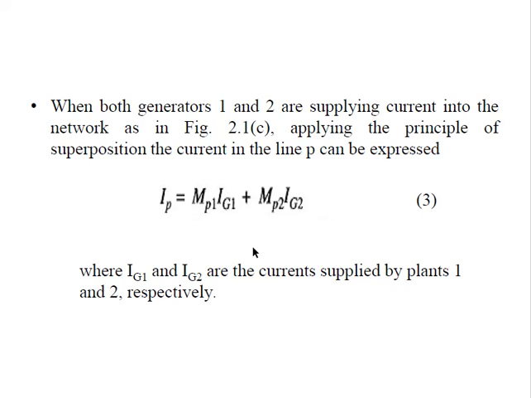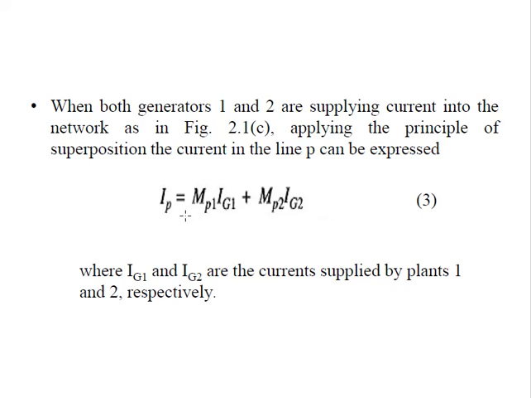When both generators, 1 and 2, are supplying current into the network, from figure 2.1c we apply the superposition theorem. The superposition theorem considers the effect of plant 1 alone, then the effect of plant 2, and we sum both responses to get the final value.